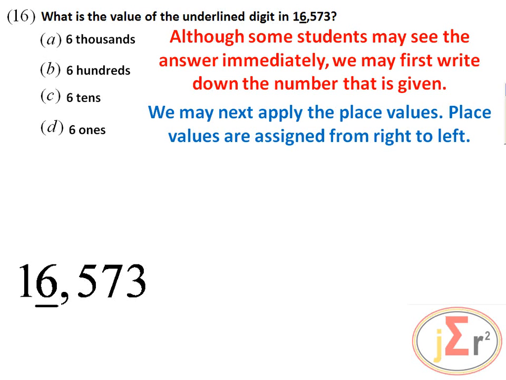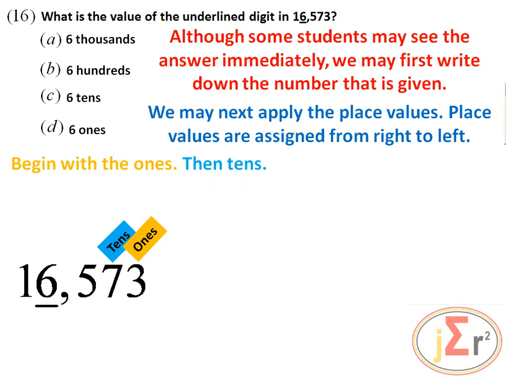So we will begin at the right. And at the right, we will find what digit, Jerry? The 3. And the 3 is of what place value, Jerry? Ones. Right, 3 ones. And then the tens, which will be 7 tens.